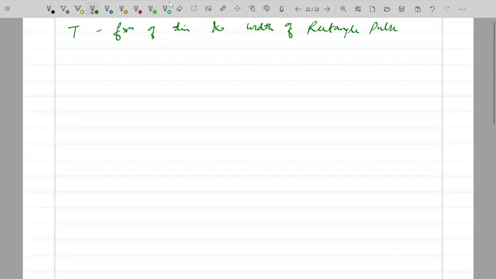So a is the amplitude, and the rectangular pulse is an even or symmetric function. This rectangle pulse is an even or symmetric function.